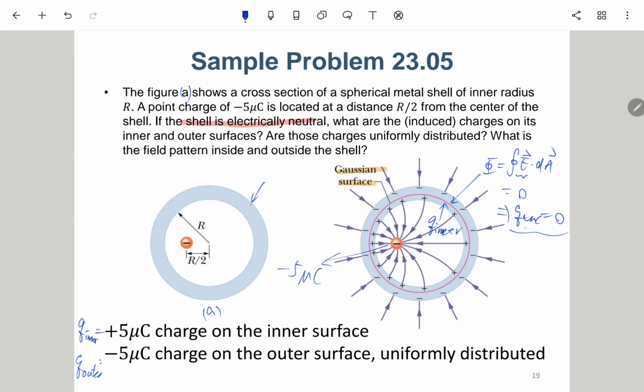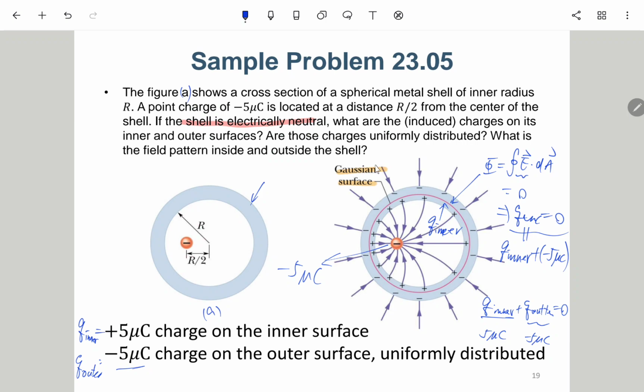So Q enclosed is equal to Q inner plus -5 μC, which equals 0. So Q inner is +5 μC, and in such a way Q inner plus Q outer also adds up to 0. So this is 5 μC, and this one should be -5 μC, which is this number.